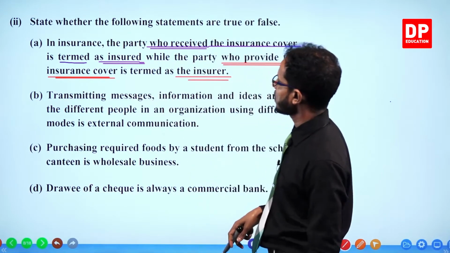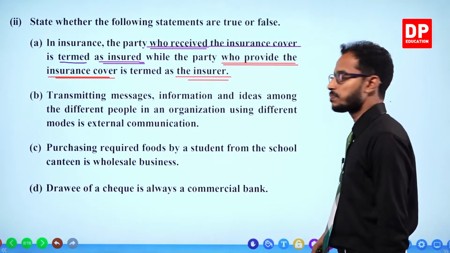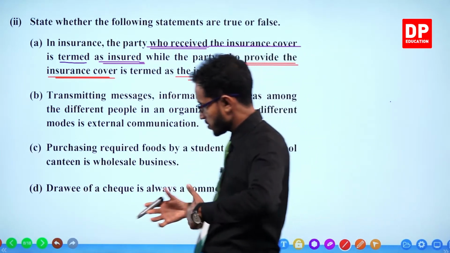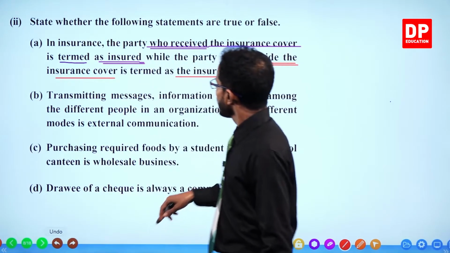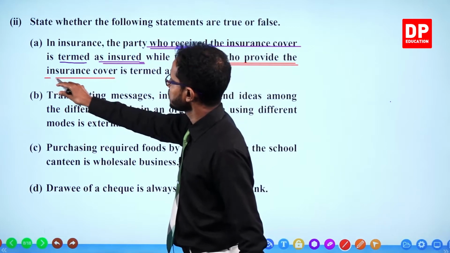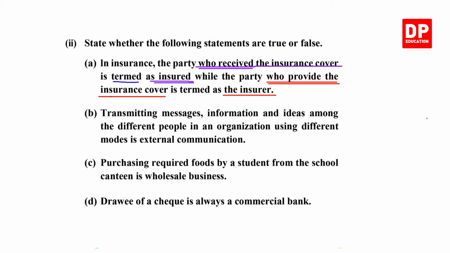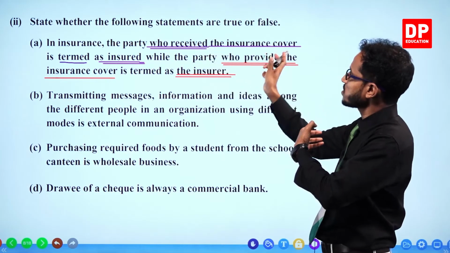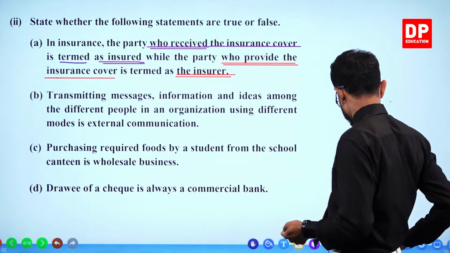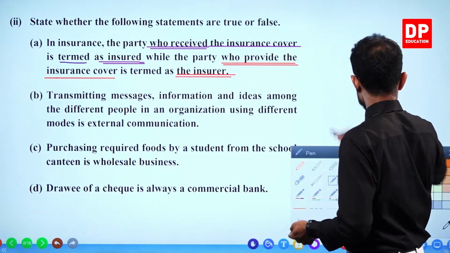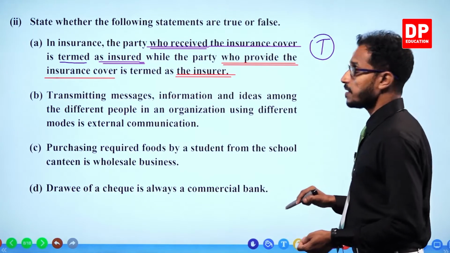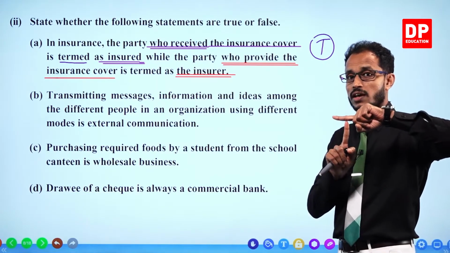Is that true? Yes, that's true. The party who provided the insurance cover is the insurer. Who received the insurance cover is the insured. True. So we are going to write T here. T for true, F for false.